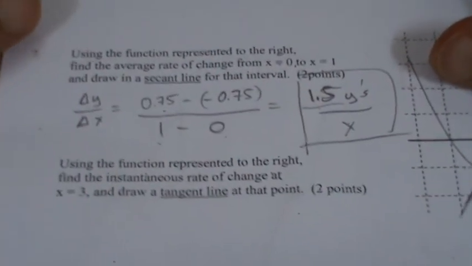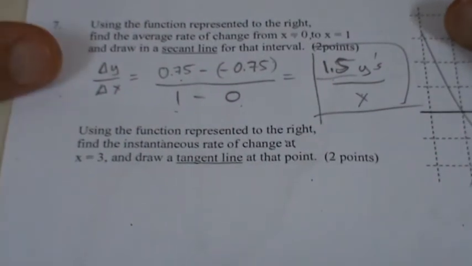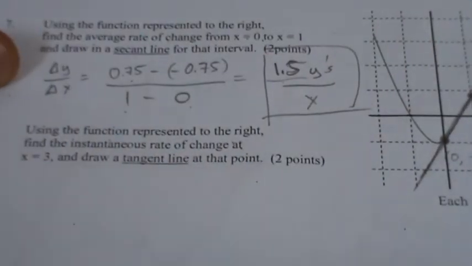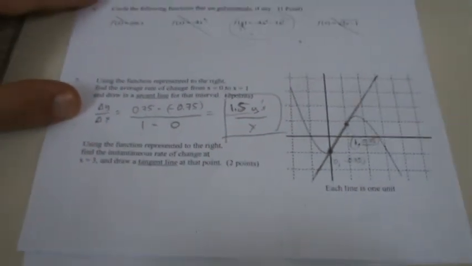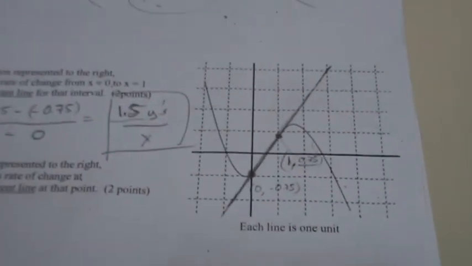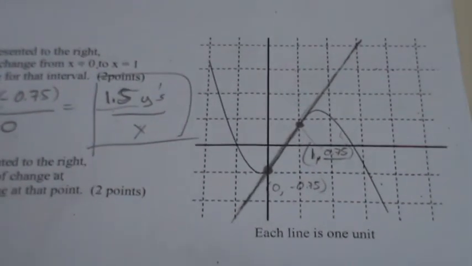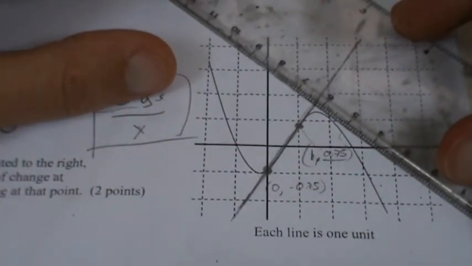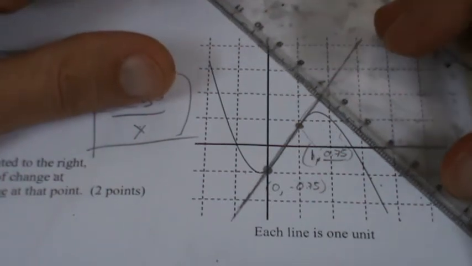Okay, using the function represented to the right, find the instantaneous rate of change at x equals 3 and draw a tangent line at that point. So what I'm going to do is draw a tangent line at 3, and then I'm going to try and find its slope. So I'm going to try and draw the best tangent line I can. Here's 3. Oops, no, sorry.